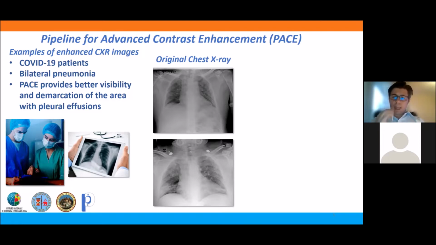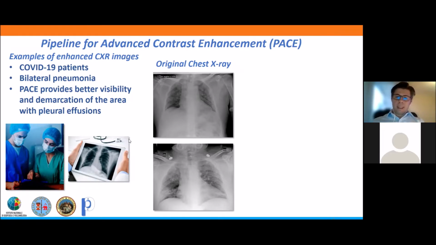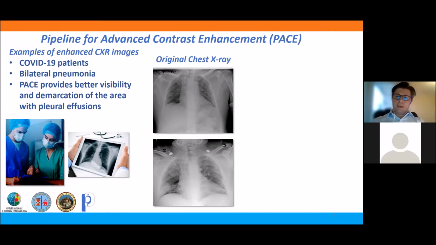So what we expect from the analysis of the original chest X-ray image is that we should be able to see the areas with pleural effusions, but this specific diagnostic activity is difficult because of the reduced brightness of the image. And of course, even the details are hidden because of the low contrast. So we should expect some pleural effusions in the areas indicated by the arrows.